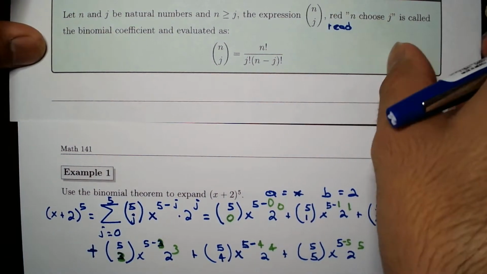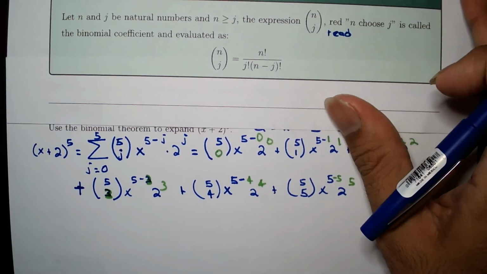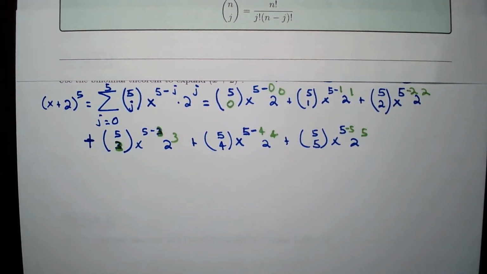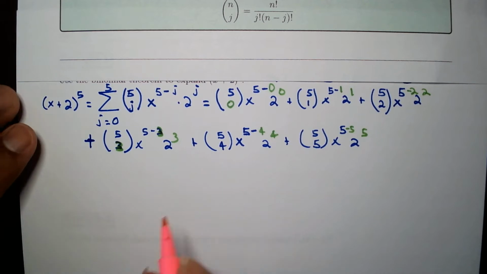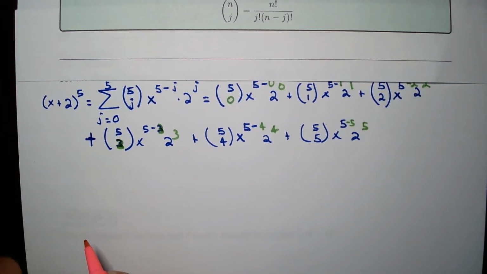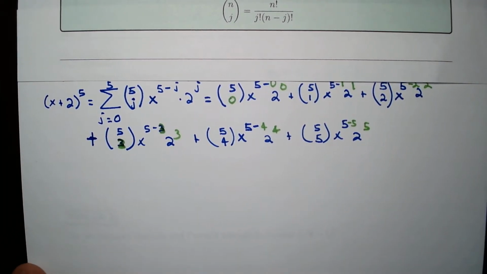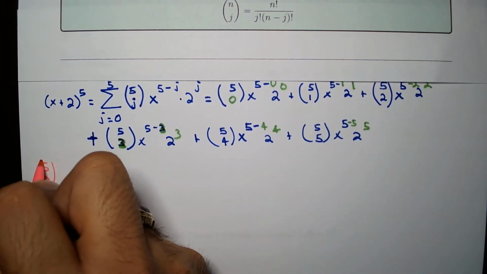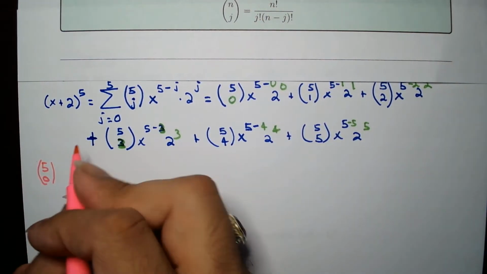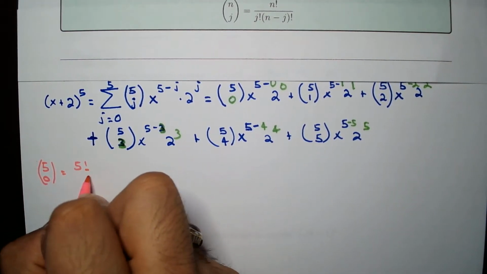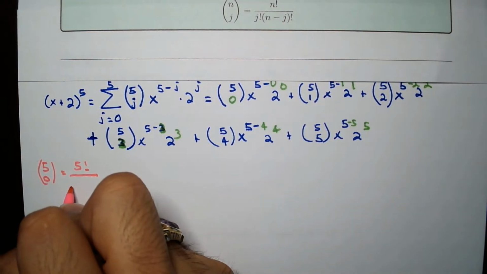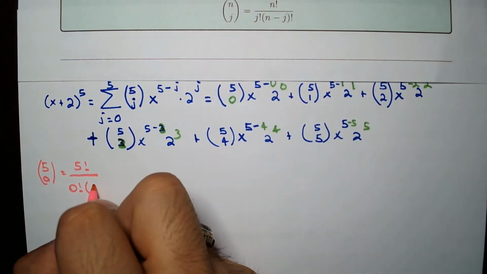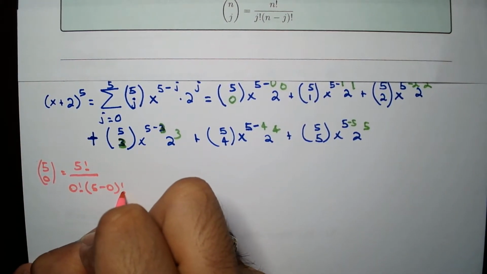So let's first do, I'm going to use a different color for this, just so we can make a distinction. This is not part of the procedure. I'm going to do this on the side. So I'm going to do 5 choose 0. That's going to be n, which is 5, 5 factorial divided by j, which is 0 factorial, times n minus j, 5 minus 0 factorial.